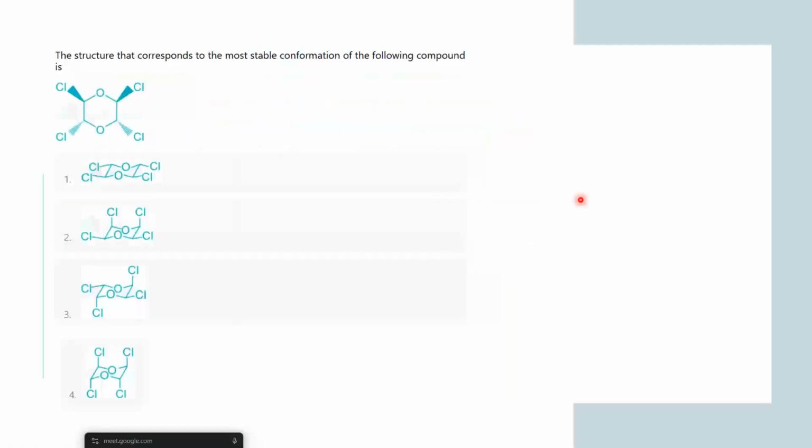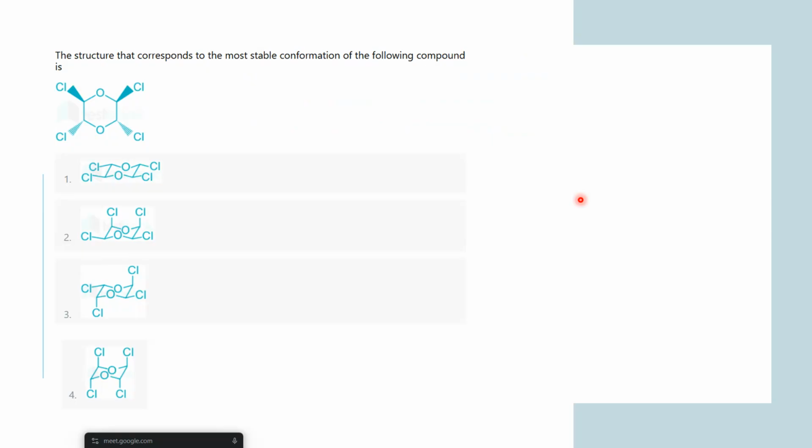So here we have to find the structure that corresponds to the most stable conformation of the following compound. So we have a dioxane molecule given in this question, and it is tetra substituted, and it is a 1,4-dioxane molecule. Okay, we have tetrachloro substituted 1,4-dioxane molecules.